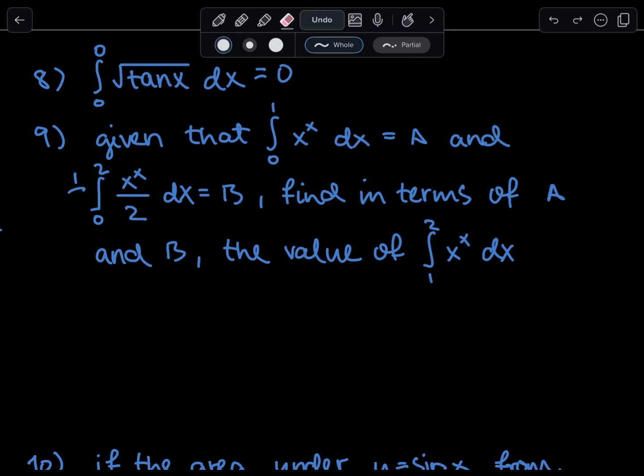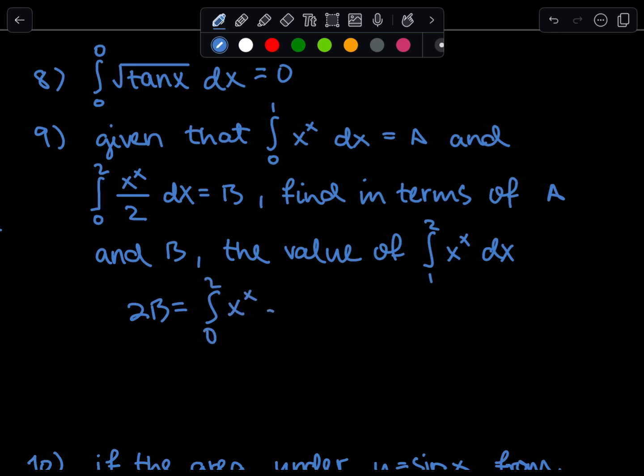And when we do that, we get that 2b equals the integral from 0 to 2 of x to the power of x dx. And I'll just copy this: a equals the integral from 0 to 1 of x to the power of x dx.